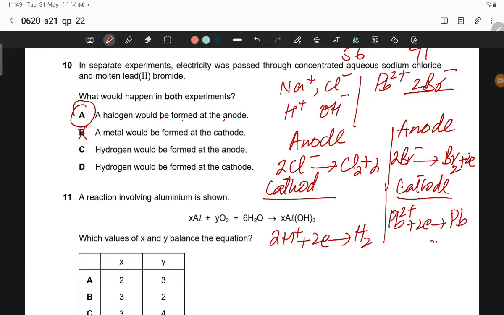So it is not correct. Hydrogen would be formed at the anode? It is at the cathode, so that is incorrect. Hydrogen is formed at the cathode only in the case of sodium chloride, not lead(II) bromide, so it is also incorrect.